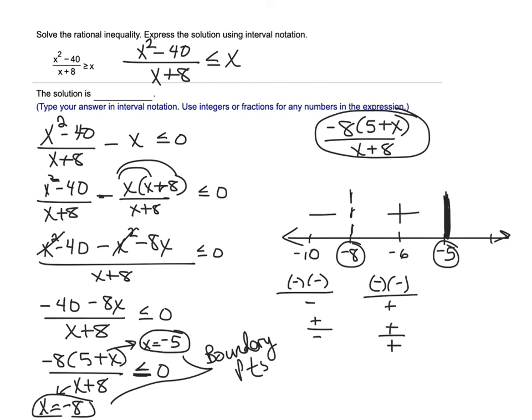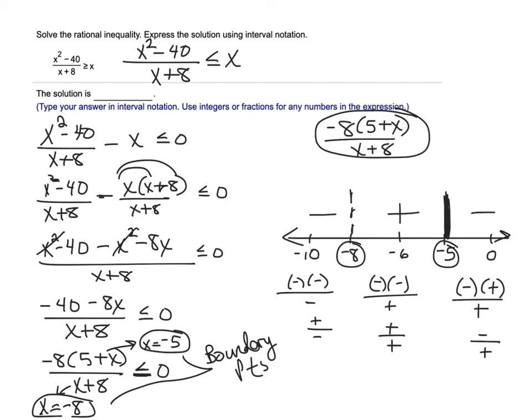And finally, something larger than negative 5. You can pick anything you want to. I'm going to pick 0. So that's larger. And we have negative 8. 5 plus 0 is positive. And 0 plus 8 is positive. So in the numerator, we have negative times positive. It's negative. Positive in the denominator. Negative divided by positive is negative.